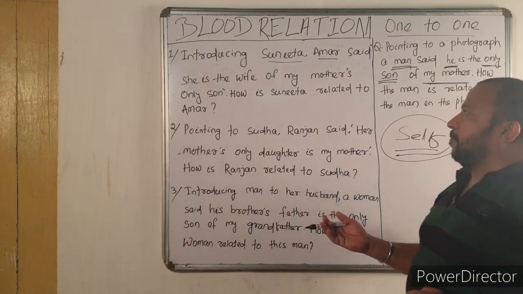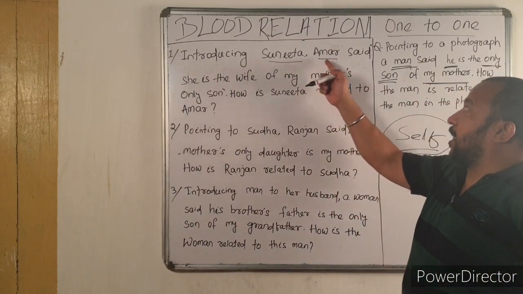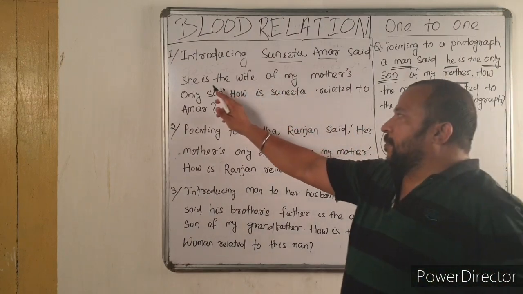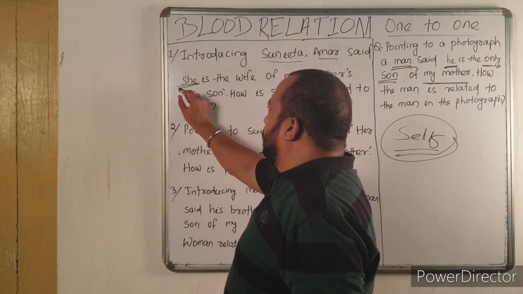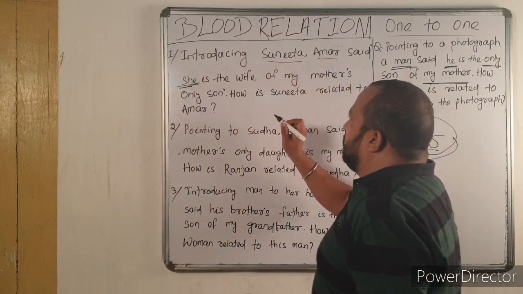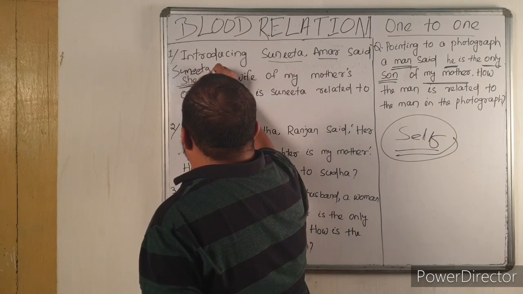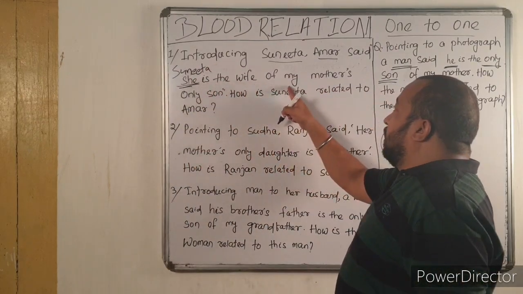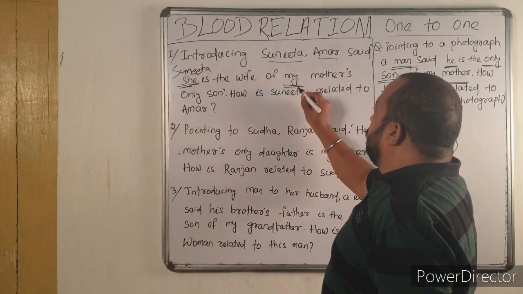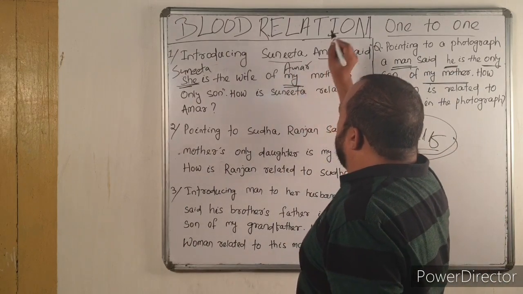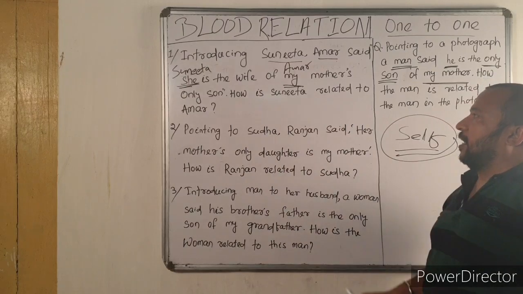Who is saying? Amar Singh. Here write down the name instead of "she": she means Sunita. Sunita is wife of my. Who is my? My means Amar.